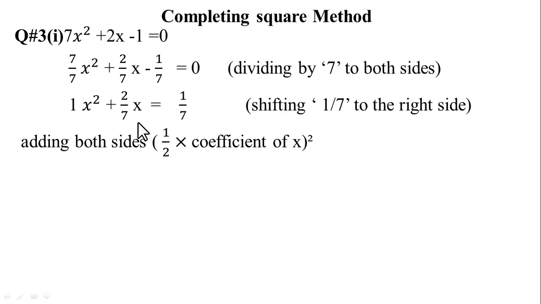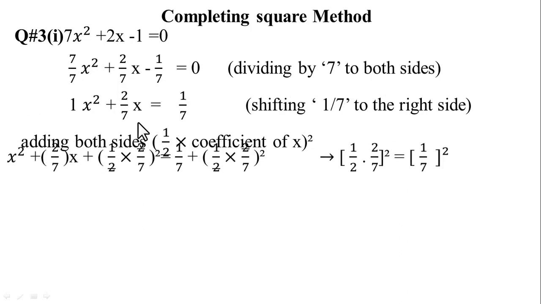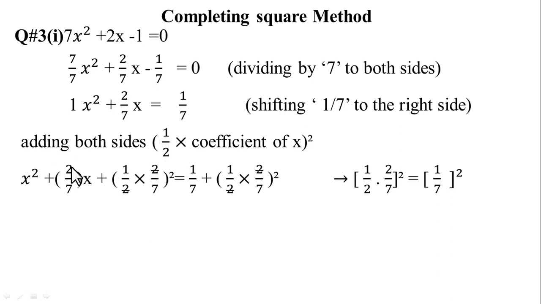So the required form is x square plus 2 upon 7 x plus 1 upon 2 multiplied by the coefficient of x, 2 upon 7, whole square, is equal to 1 upon 7 plus 1 upon 2 multiplied by the coefficient of x, 2 upon 7, whole square.